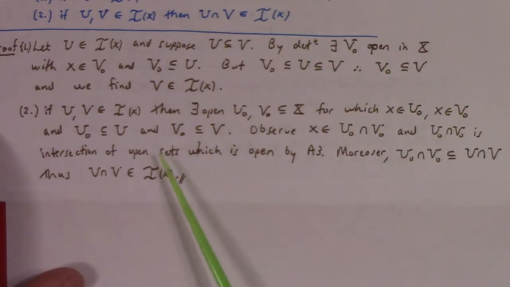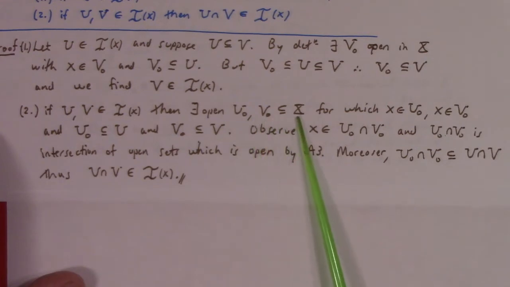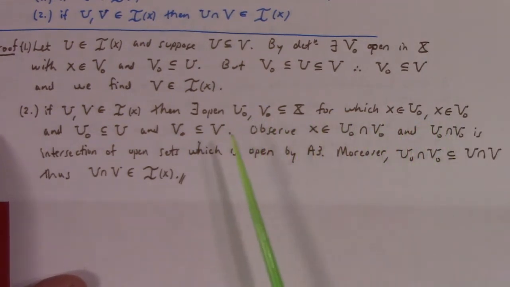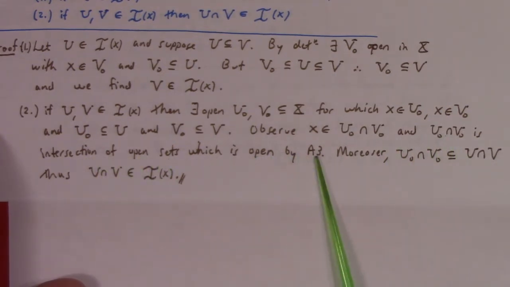Number 2. If U and V are neighborhoods of X, then there exist open U naught and V naught subsets of X for which X is an element of U naught, X is an element of V naught, and U naught is contained in U, V naught is contained in V. That means X is in the intersection of U naught and V naught, and of course U naught intersect V naught is an intersection of open sets, which is open by axiom 3 of our definition of topology.